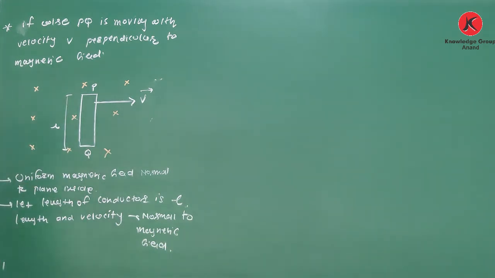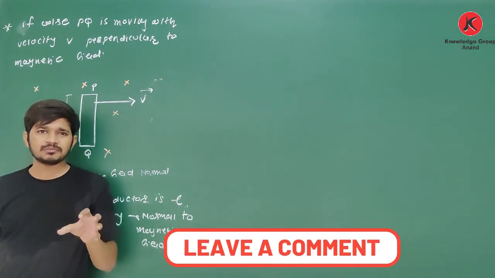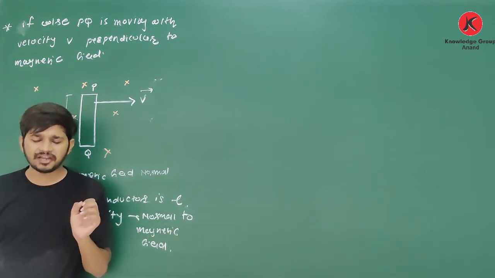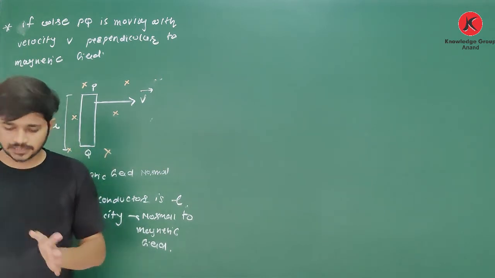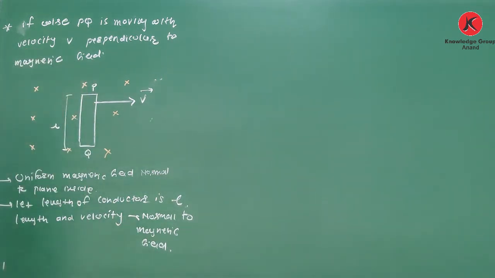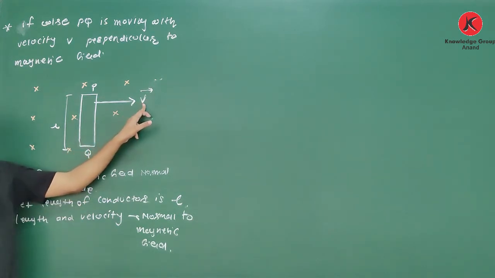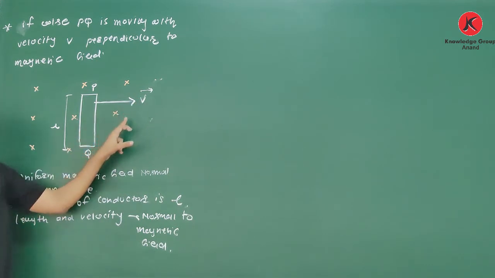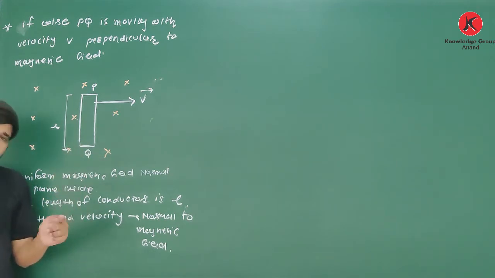See, a conductor means having positive charges fixed on lattice points, while electrons are free to move in random directions. Yes or no? Yes. This conductor is moving with velocity v in the magnetic field, having positive charges and negative charges.